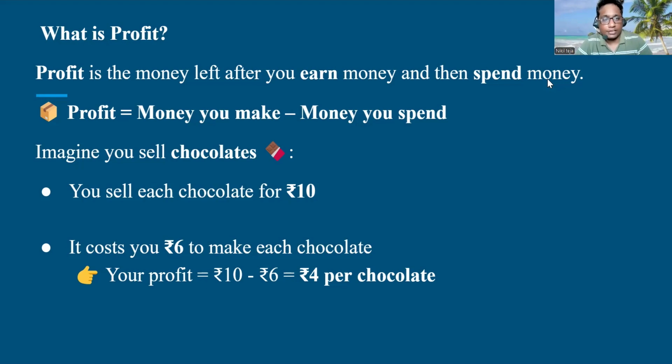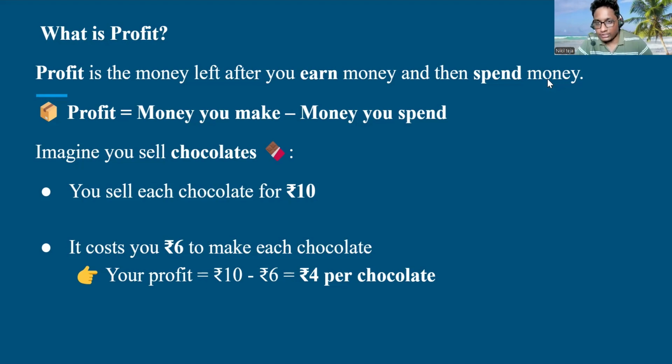Profit is equal to the money you make, that is revenue, minus the money you spend, that is cost. There will be some cost associated with preparing or building your product, as well as with your company. I hope I made it clear for you.